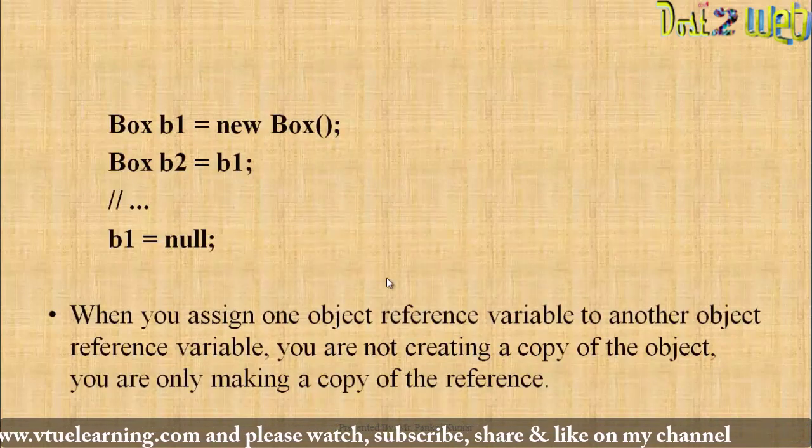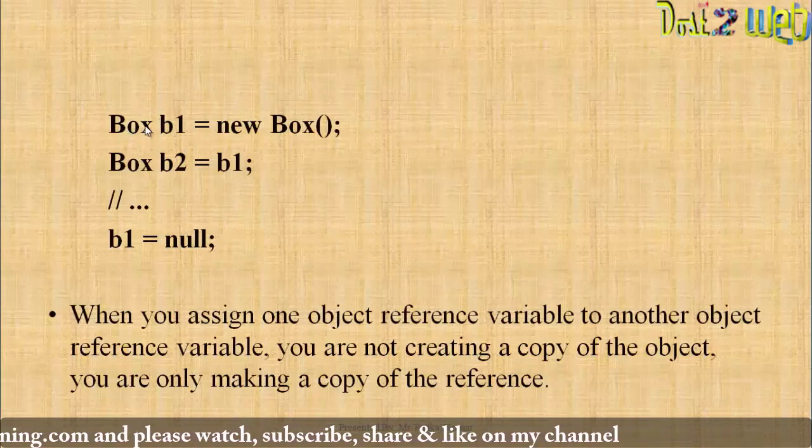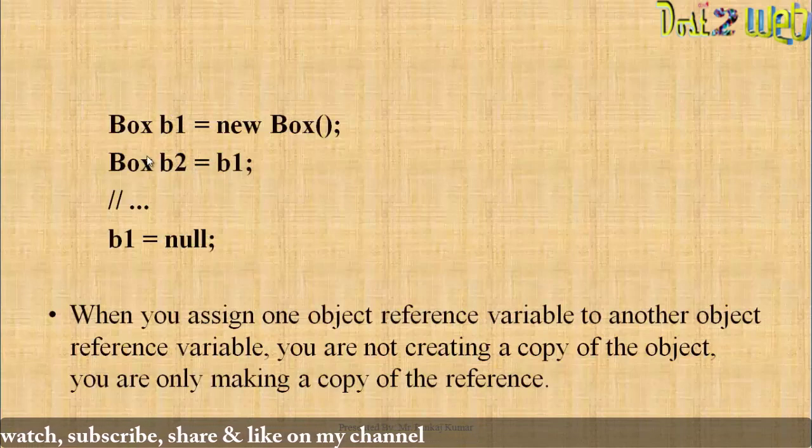Now take another example. What did we do here? Same, Box b1 is equal to new Box. So b1 and b2 you have created as references, and you have written some code, and after that you are telling b1 is equal to null. What happened in this step? Are b1 and b2 the same?